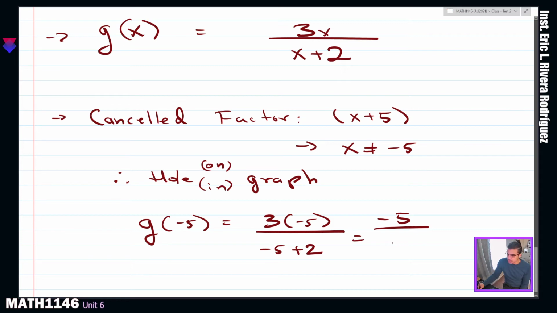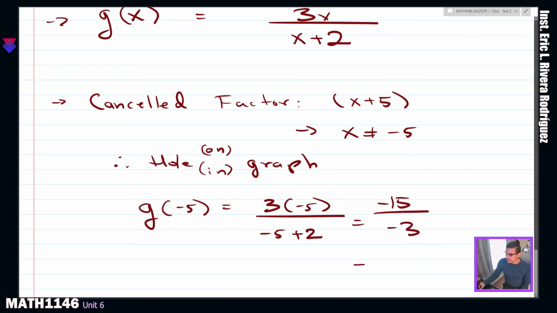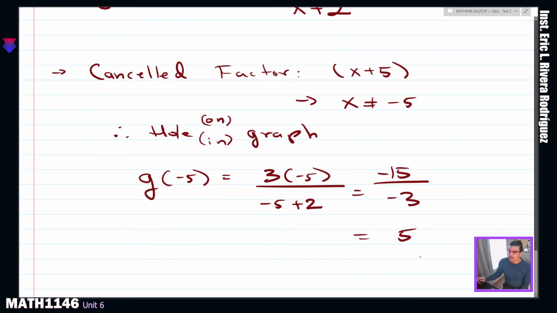So we have a location on the coordinate plane. So this is -3, so at the end, this is +5. So it means that the hole is located at (-5, 5). So there is the hole, right?